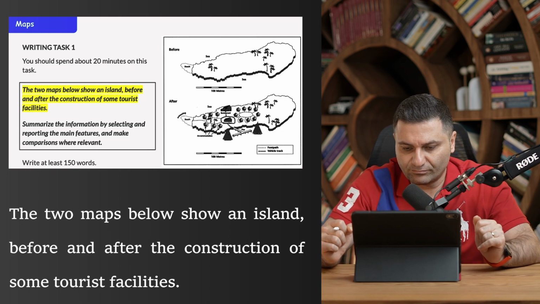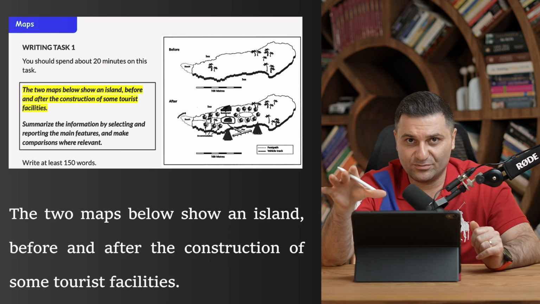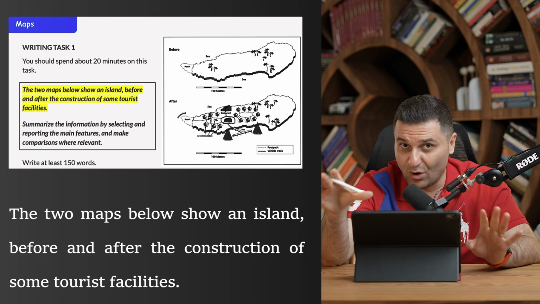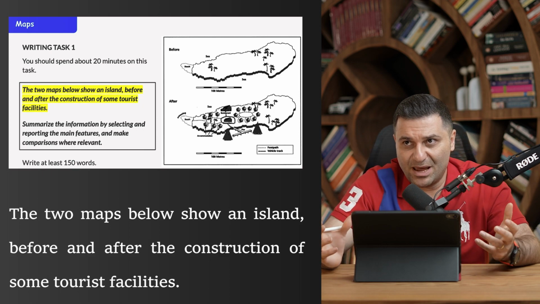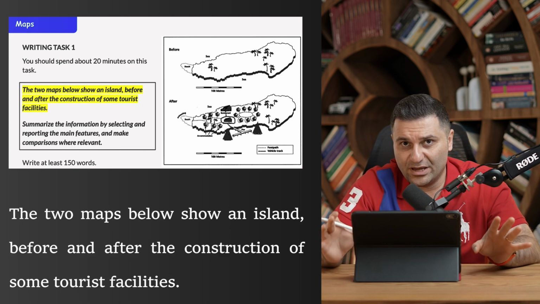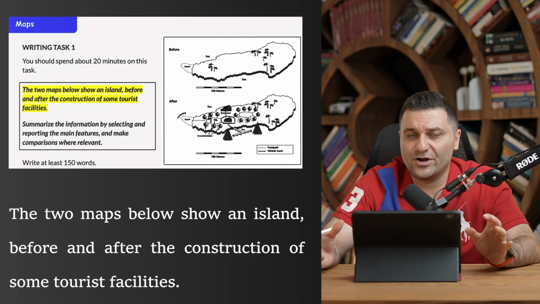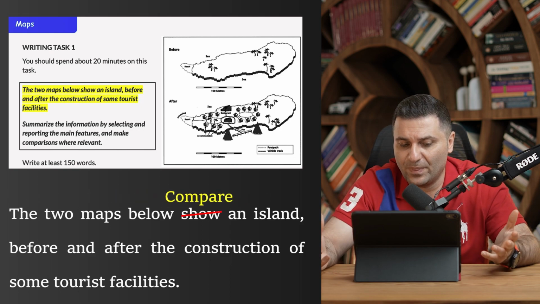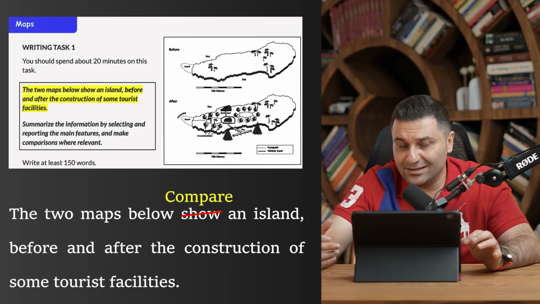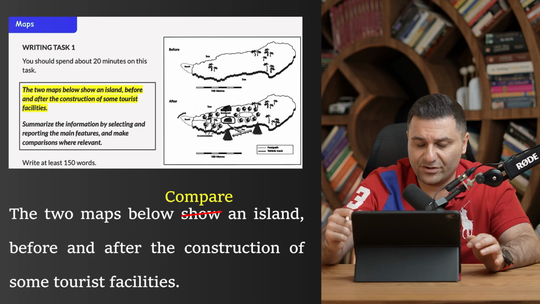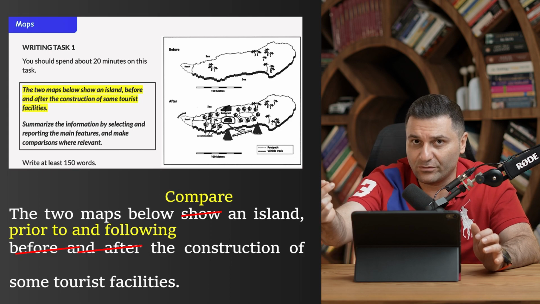All right, so we're going to change here 4 words, right? The question itself is pretty short. It's not long. So we only need to change some words. So the two maps, instead of maps, we cannot use any other word. So we keep it, the two maps below. Show. So there is a comparison, right? So instead of show, we can write compare. The two maps compare an island before and after. So instead of before and after, you can write prior to and following. Prior to, before, and following, after.